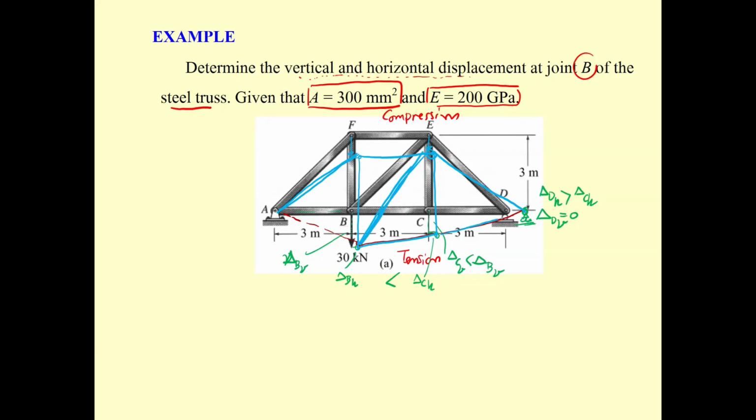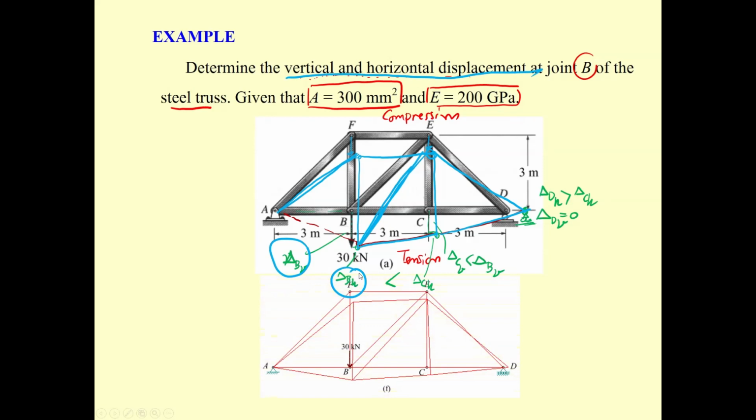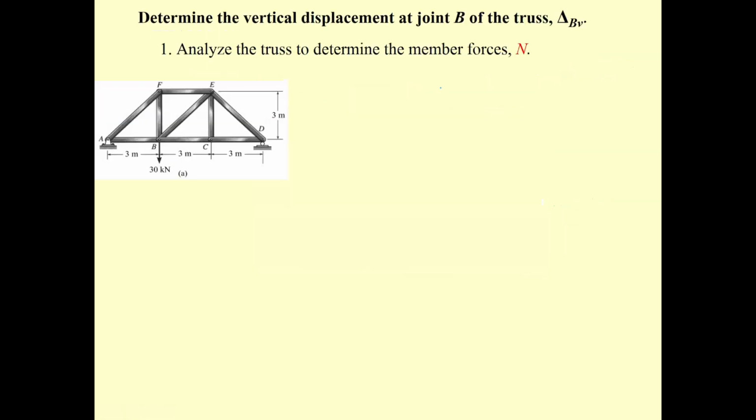Following this elastic curve, we are looking for what? We are looking for this one: the vertical and horizontal displacement at point B. You write down the equation for delta sub BV.